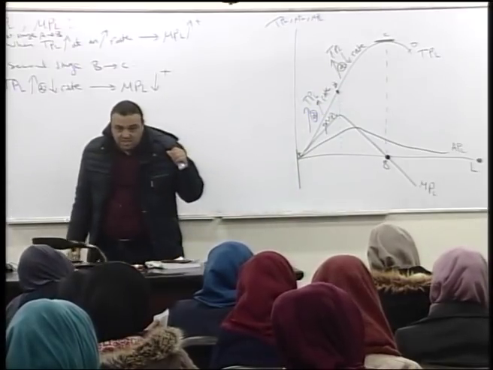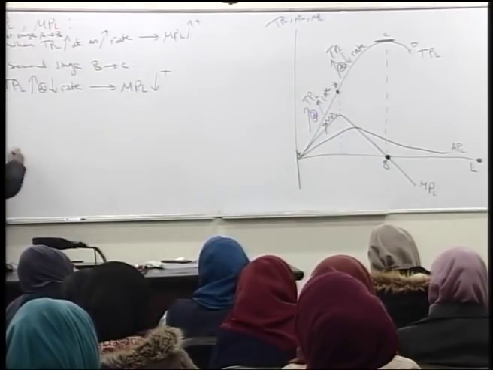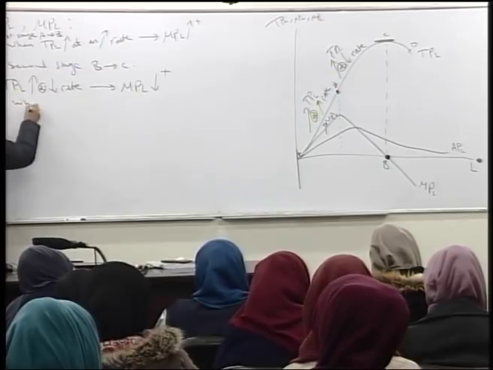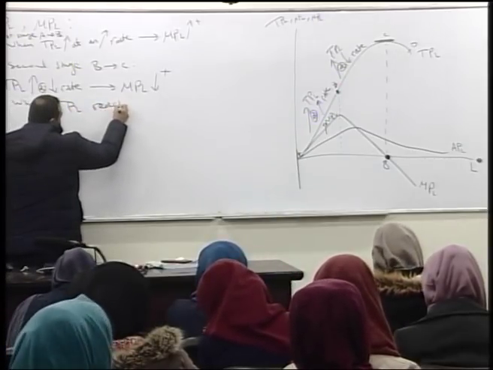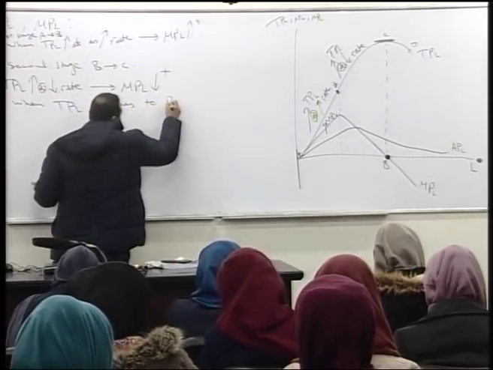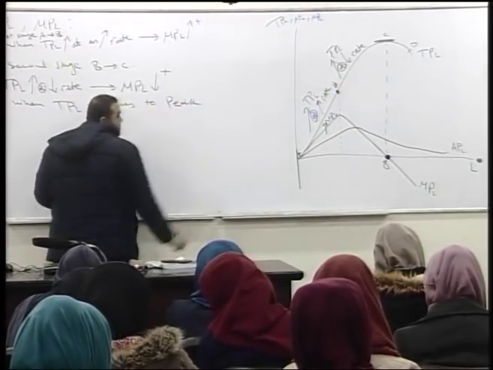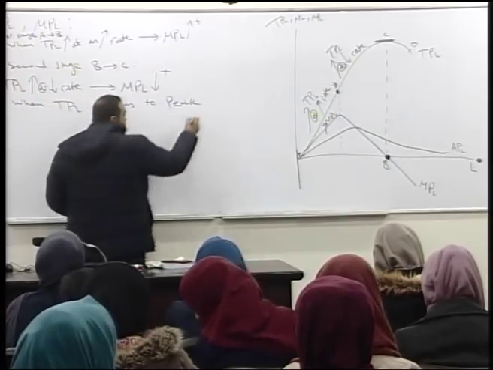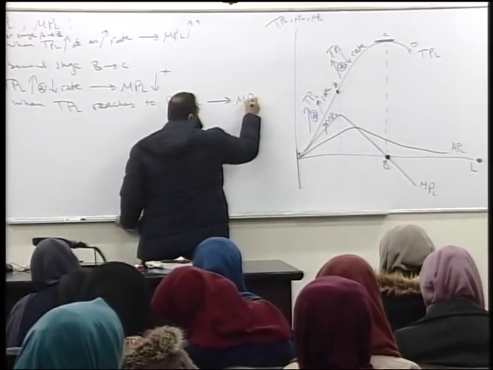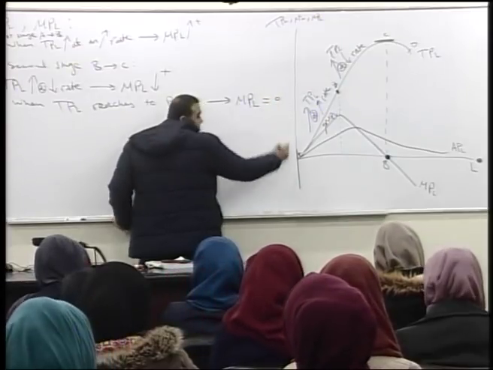This was in the last class. So number 3: when TPL reached the peak, or is maximized, MPL equals 0.